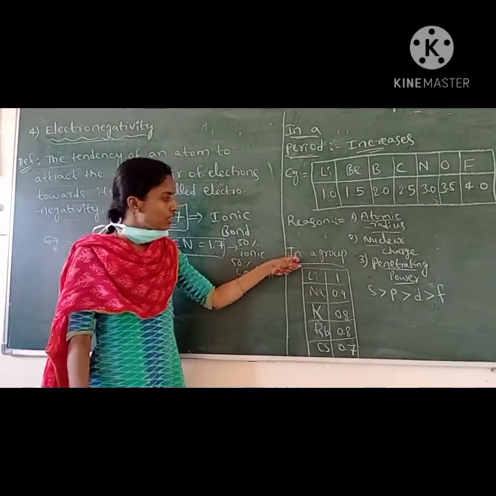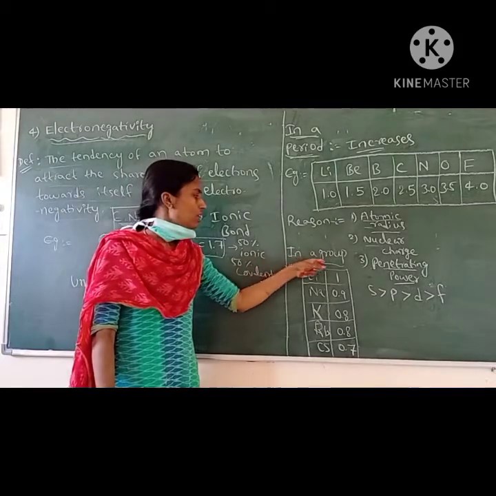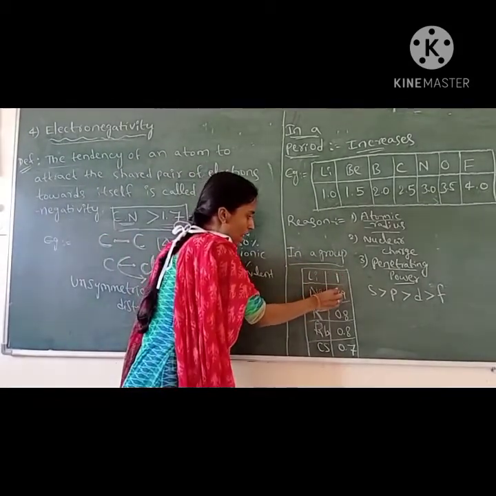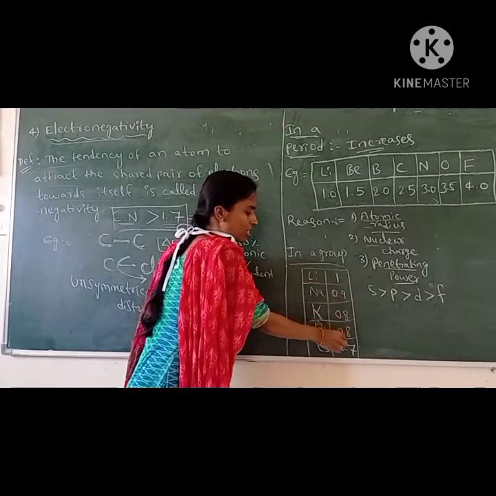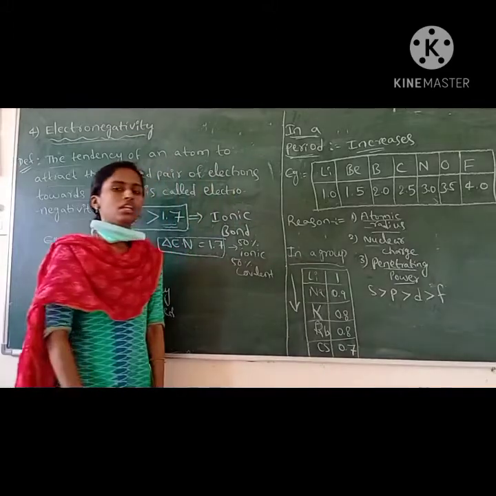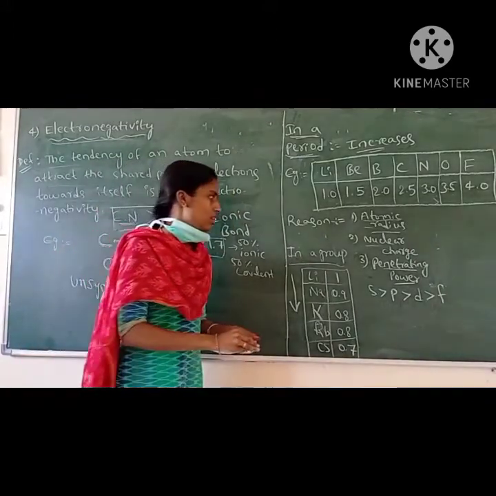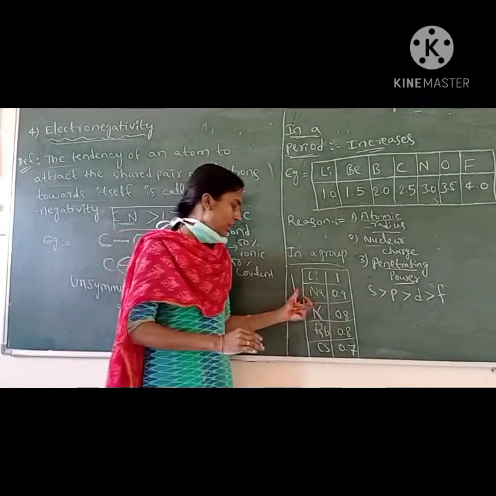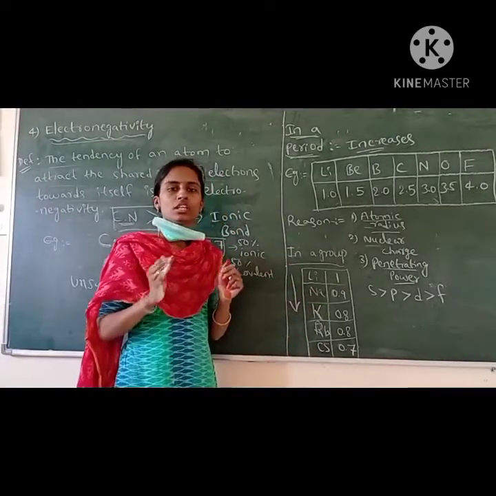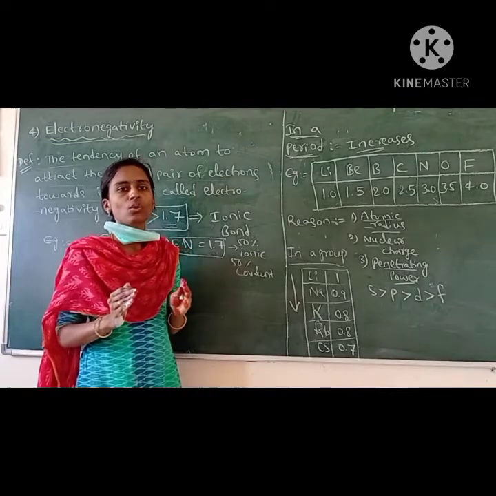So let us see in the group. In a group, from top to bottom, what happened here? The values are decreasing. So from top to bottom, electronegativity decreases. This decrease is due to the increase in size. From top to bottom, the number of shells increases, so atomic size also increases.